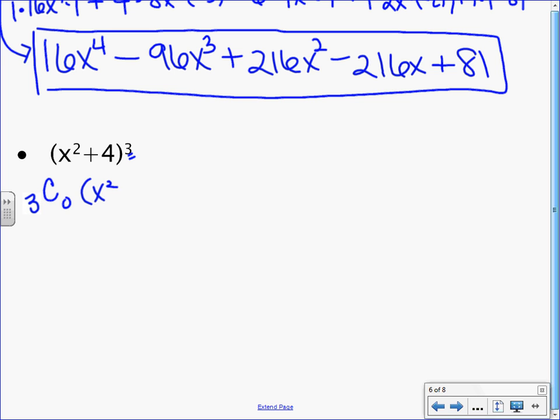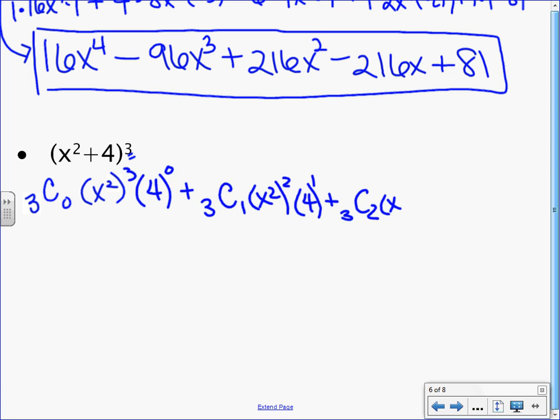X squared is our first term, it gets raised to the power, and positive 4 gets raised to the 0. 3 combinations of 1, x squared is being raised to the power, 4 to the power. 3 combinations of 2, x squared is raised to the power, and 4 to the power, and then finally 3 combinations of 3, x squared to the 0, and 4 is being cubed.